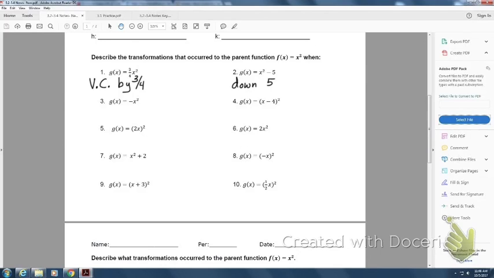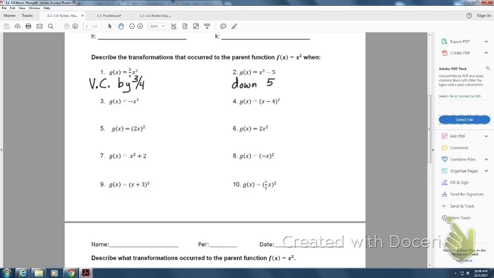I think some confusion happens because I just wrote that really long thing with the A, B, H, K, which is the most complex you would ever see, and we probably won't see all of that in one equation, and now we go to something simple like this. That almost makes this hard. Don't get this confused with right 5. If it was right 5, it would have to be like that. The H, the left and right, is always inside a set of parentheses.